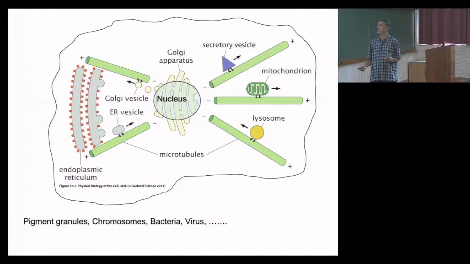And there are many kinds of organelles which don't just sit around, but are transported along these filaments: secretory vesicles, pigment granules. Even DNA as a whole can be partitioned when cells divide. Bacteria and viruses too, so all this is very important for understanding pathogen infection also. These kinds of cargoes can be transported in various directions along these microtubules.